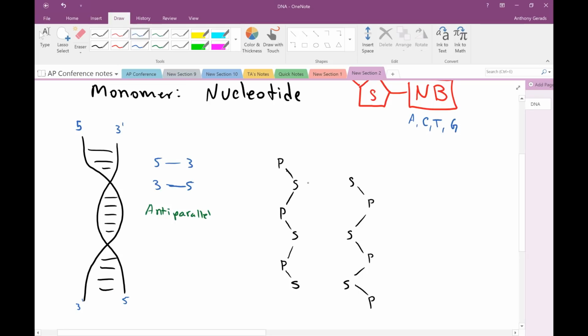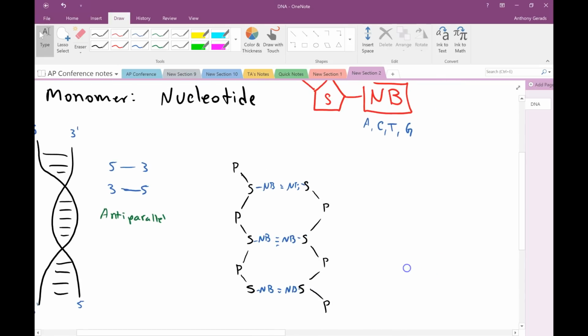On the insides of my ladder, I have my nitrogenous bases, or my A's, C's, T's, and G's. So this is what my DNA looks like right here. So my rungs of my ladder are my nucleotides. My sugars and phosphates are going to be my sides of my ladder.